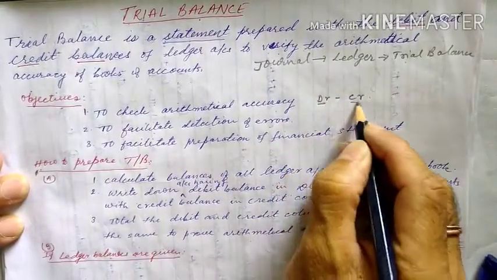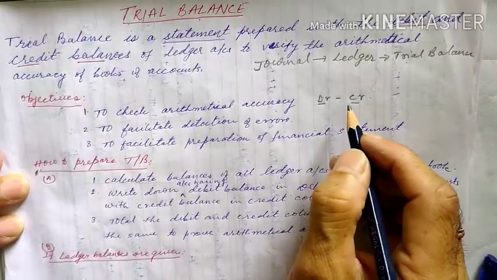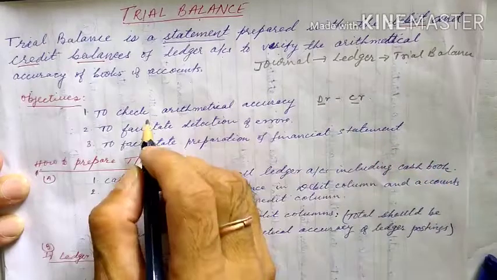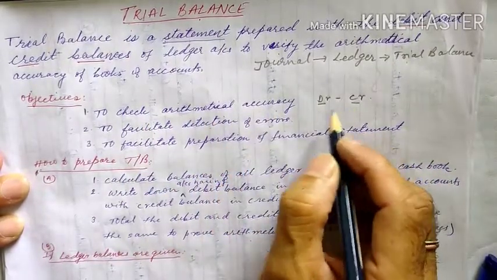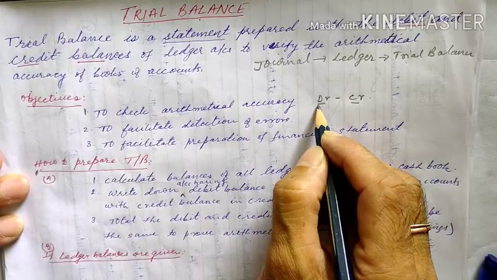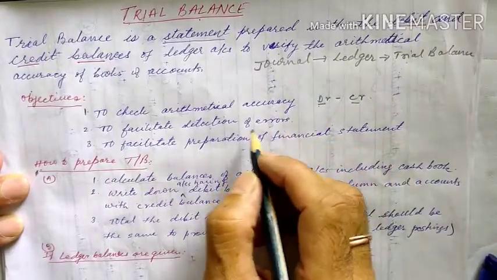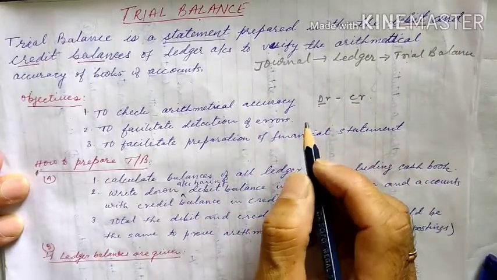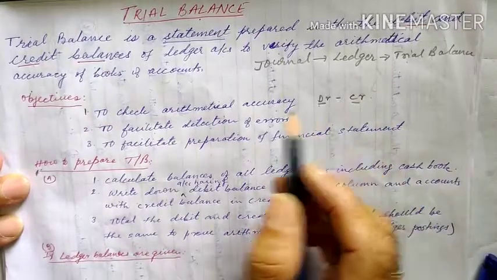The total of both sides should be the same. If the total is the same, that means it is arithmetically correct. But if the debit total and credit total are not the same, that means there is some error and those errors have to be detected. So the trial balance helps in locating the errors.